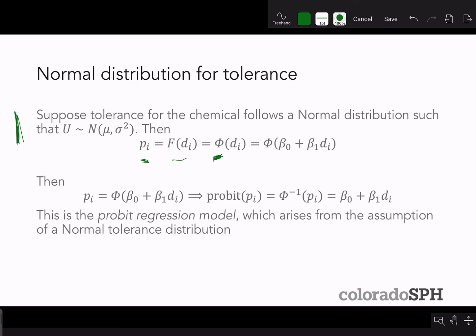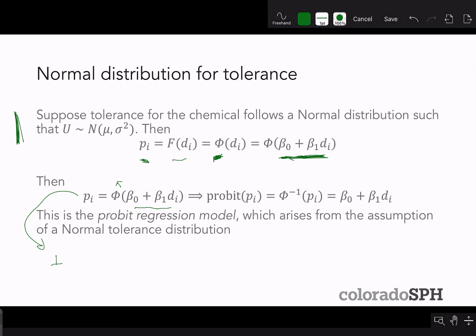And we can replace that with our actual modeling statement, beta_0 plus beta_1 D_i. So then if you actually take the inverse of that to get the actual GLM version of the model that we've seen before, take the inverse to solve for this beta_0 plus beta_1 D_i term to stand alone on its own.